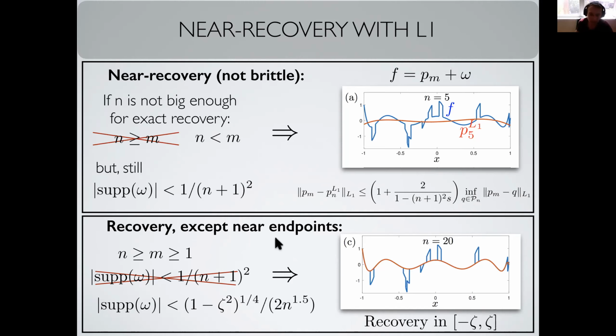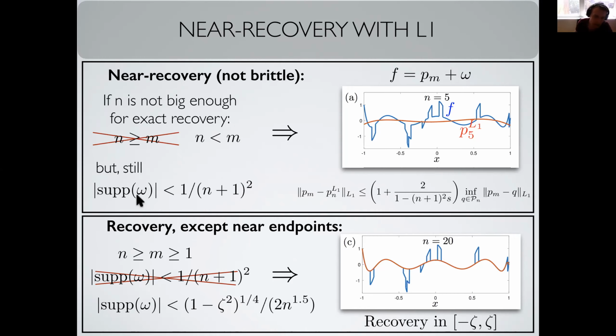And now there are some really weird features that, as we looked into this, we got more and more intrigued by. So we proved some more results, which I don't think have a discrete analog. What you find is that when n equals 5, you get this near best recovery. When n equals 10, you get exact recovery.